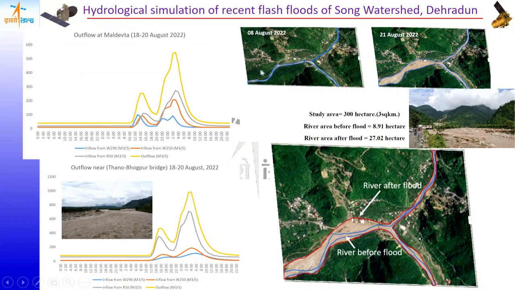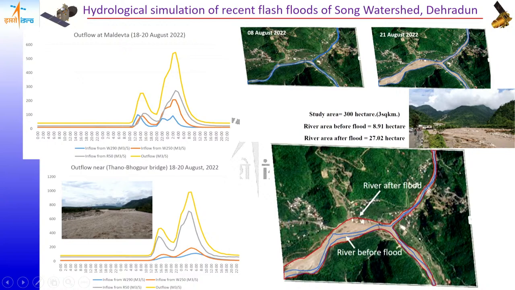You can see here, before this flood, a lot of construction activities were going on right in the middle of the river, which is actually the floodplain of the river. This particular house you can see here. This excess rainfall, although not in the cloudburst category, may have a recurrence interval of 25 to 30 years.